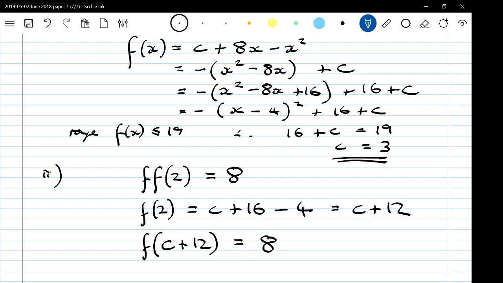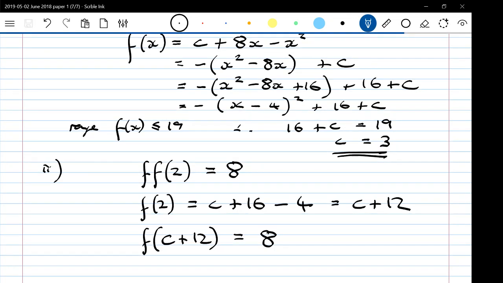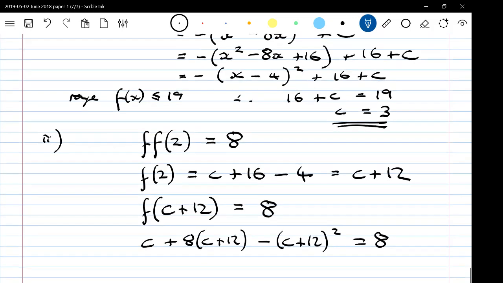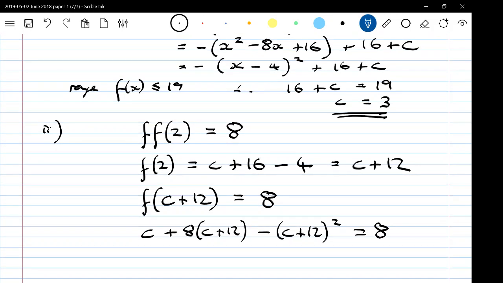Does that make sense? That's quite an efficient way of doing it rather than trying to do it all at once. So if I input c plus 12, that gives me c plus 8 times c plus 12 minus c plus 12 squared is equal to 8. I've got a quadratic again.